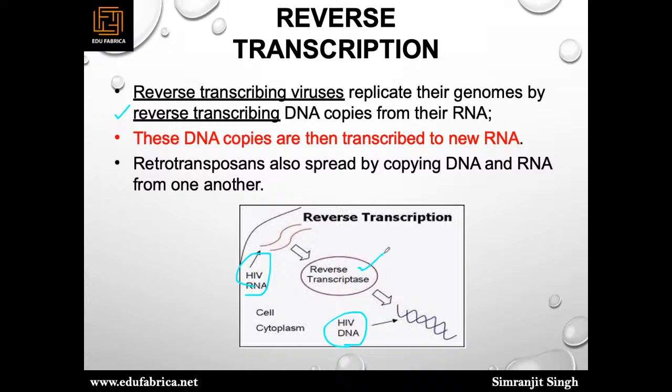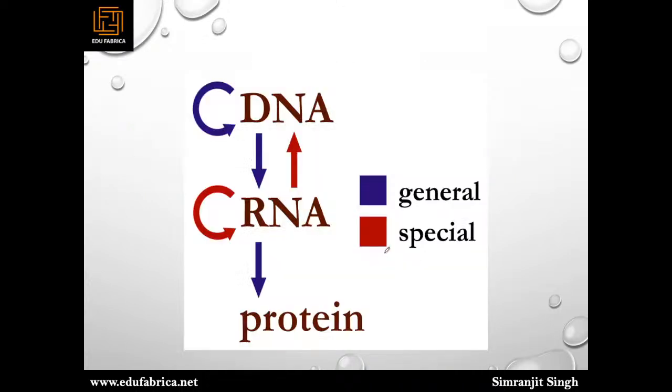So this reverse cycle is happening in the case of RNA viruses. Again, in the central dogma in general, your DNA could replicate, produce RNA, and go for the protein. But there are some special cases: RNA could produce DNA with the help of reverse transcriptase, and RNA could also self-replicate itself.